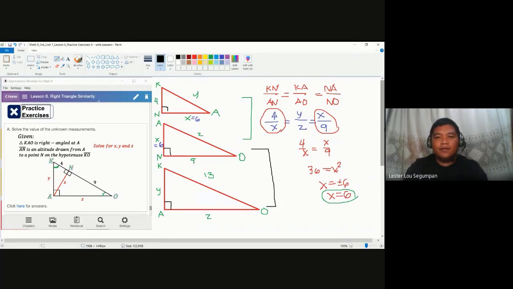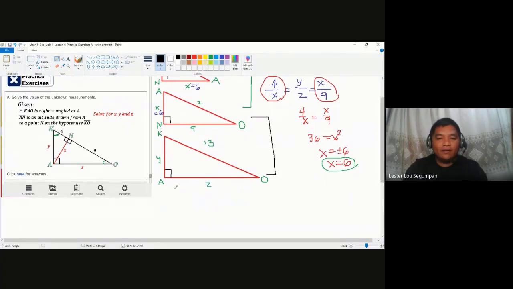So the medium and the bigger, you will have AN over KA is equal to AO, the hypotenuse here, over KO, equal to NO over AO.